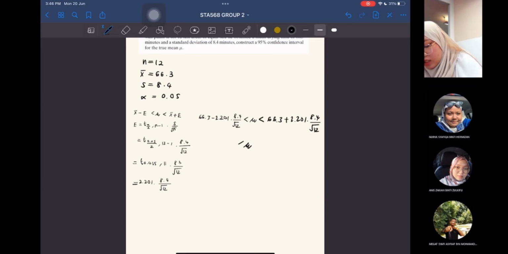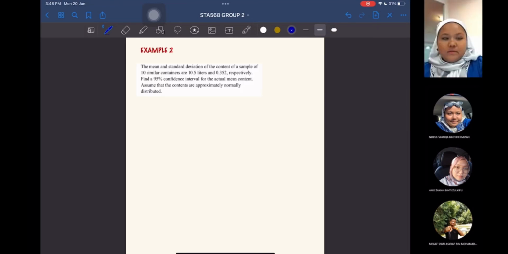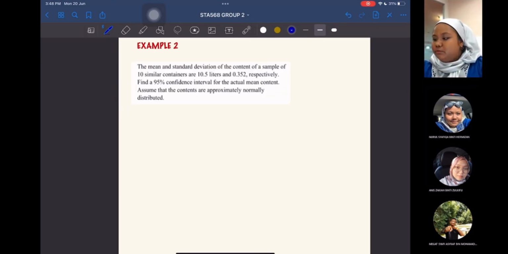So I already inserted the values into the calculator and I got 61.0 and 71.6. 61.0 is the lower confidence limit and 71.6 is the upper confidence limit. So we will move to example 2.